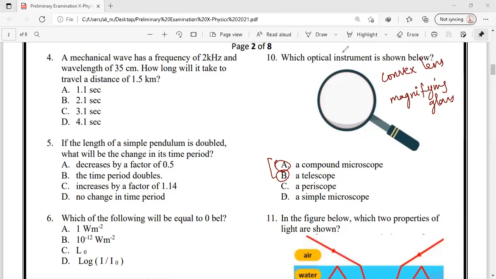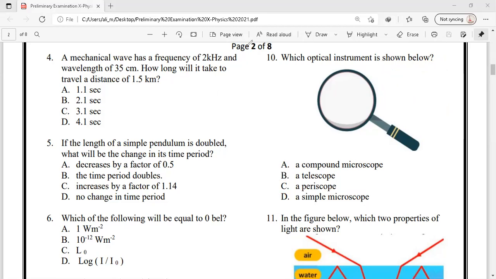In a periscope, we use a pair of prisms. So this is the incorrect one. The last option we have is a simple microscope. That is the correct answer in this question. So a magnifying glass or a simple microscope are the same thing, which uses a convex lens to enlarge the image of the object.